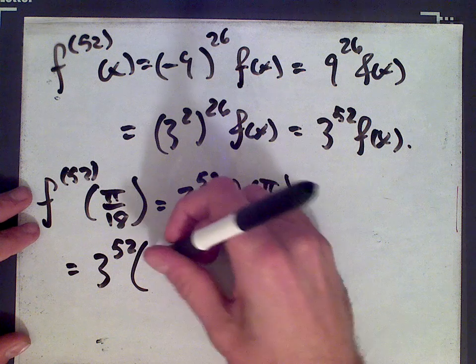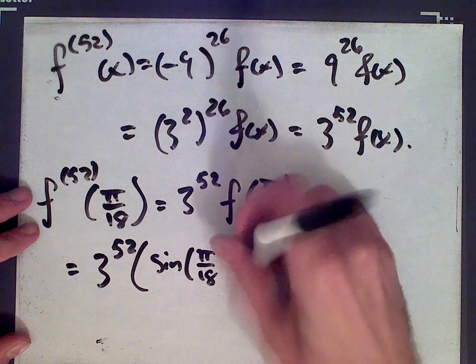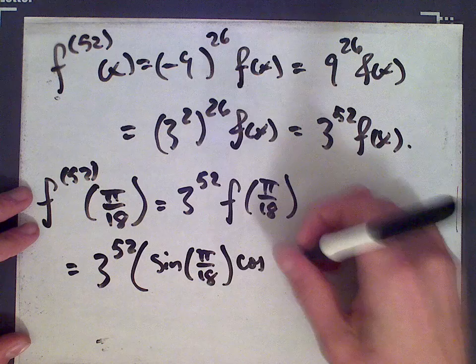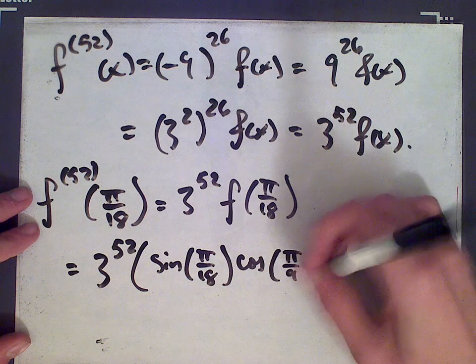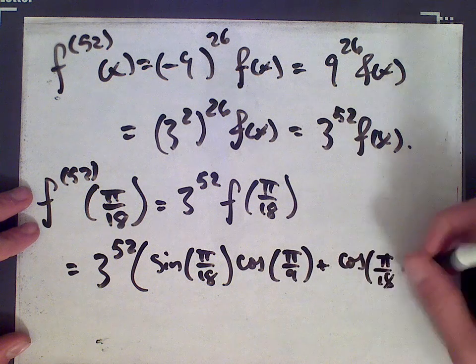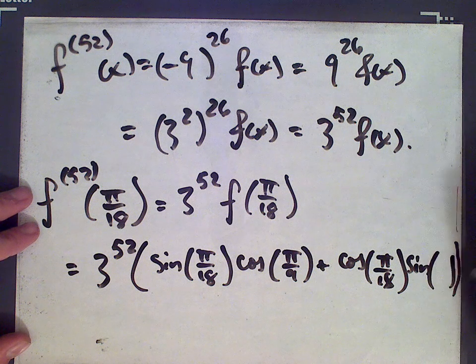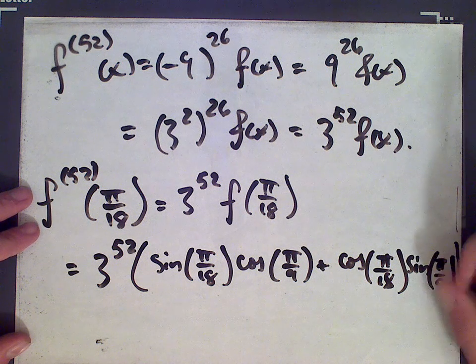sine of pi over 18 times cos of 2 times that angle, which is pi over 9, plus cos of pi over 18 times sine of 2 times that angle, which again is pi over 9.